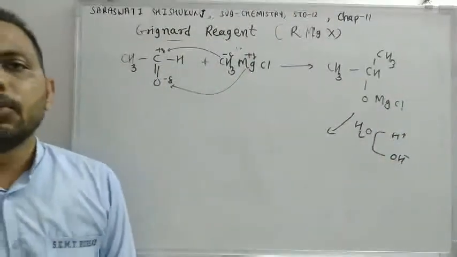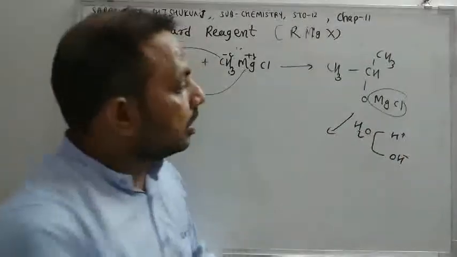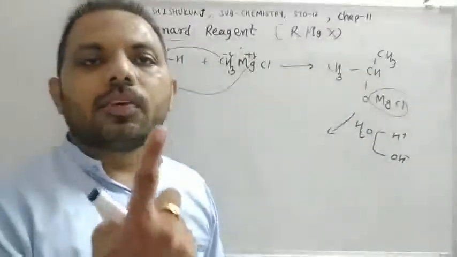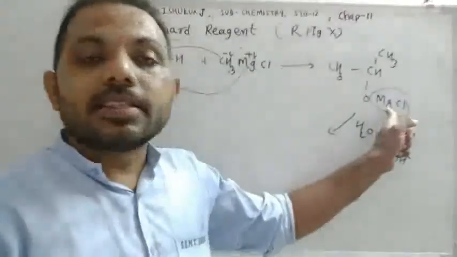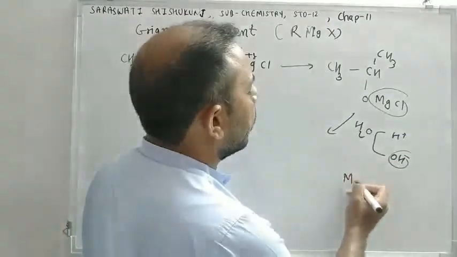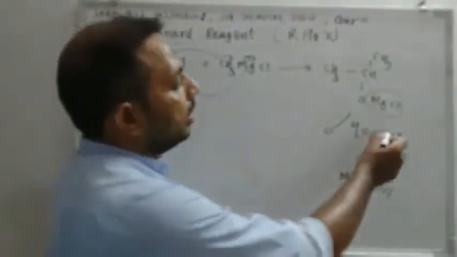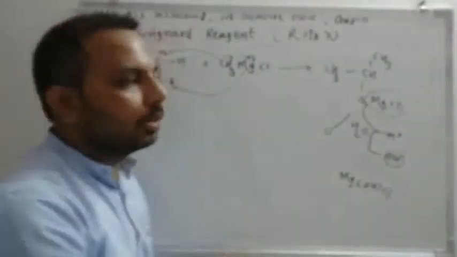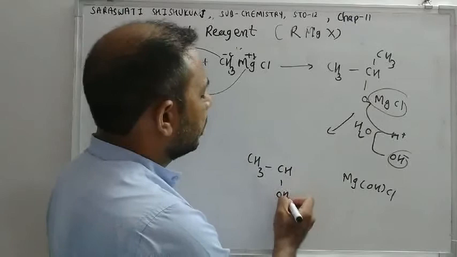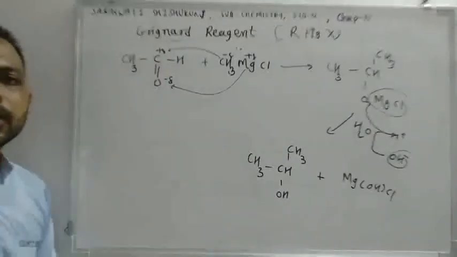Mg has a +2 charge and Cl has a -1 charge, so one valency is left to be satisfied. So Mg will attract OH minus and form MgOHCl, and this H plus will be attracted by the oxygen, so we will get CH3CHOHCH3. This is the final product.